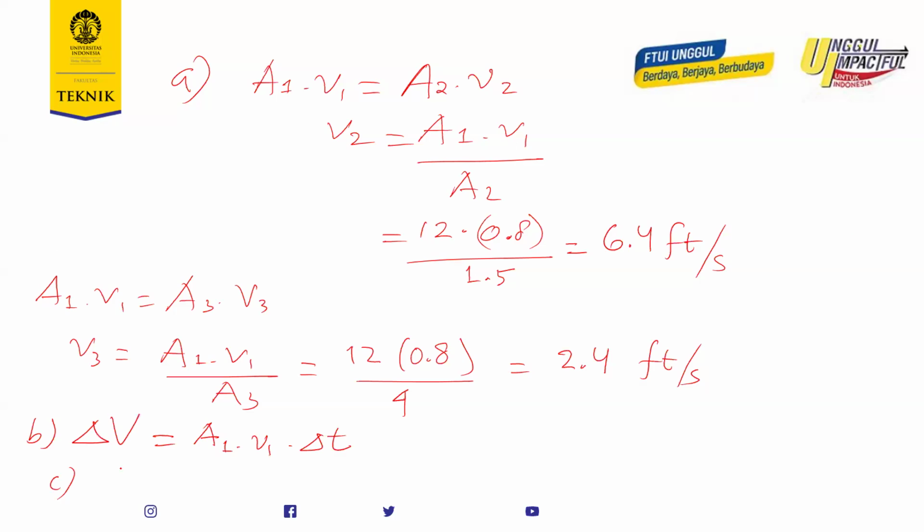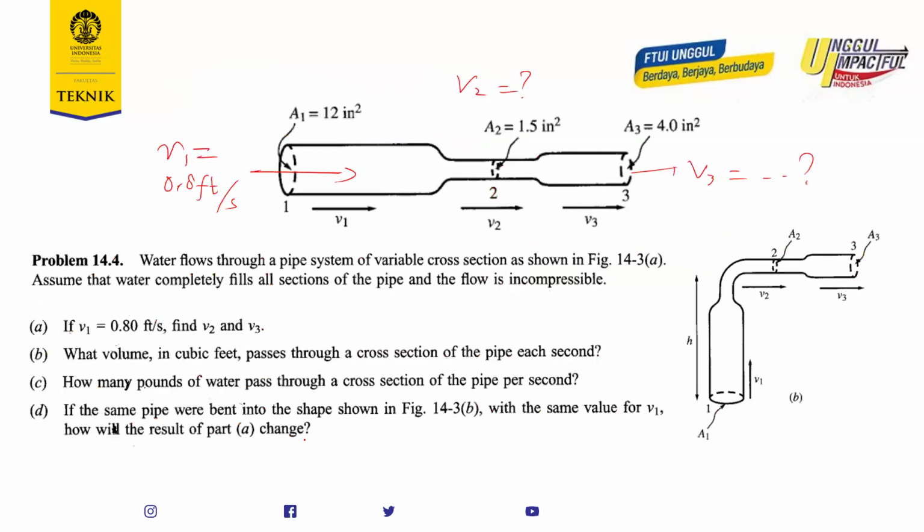We can calculate by mass divided by delta T, which is rho delta V divided by delta T. Delta T is 1 second, right?